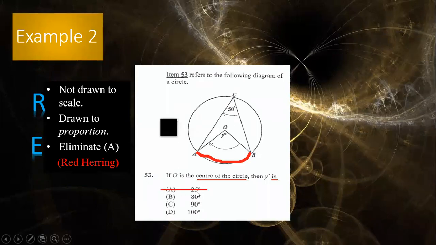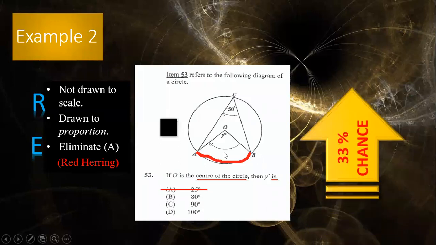When we eliminate one answer, what happens? Our chances of getting the right answer are now a 33% chance. You've seen that? Definitely. It should be twice the amount. Good job there, Susan. So there's a bigger chance now when we eliminate one response. So we go ahead and we apply the rule.